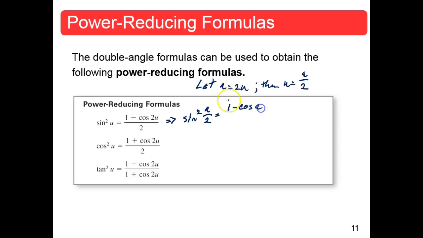A. And then all we have to do is take the square root of both sides. So this would produce sine of a half angle, A over 2, is equal to plus or minus the square root of 1 minus cosine A over 2.